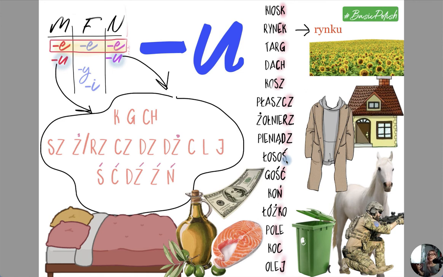Now, do you remember what I said about those accented consonants when it came to feminine nouns? We were changing the accent and making it the letter i. It's exactly the same case when it comes to masculine and neuter nouns. Łosoś, łososiu. What's going to happen now?